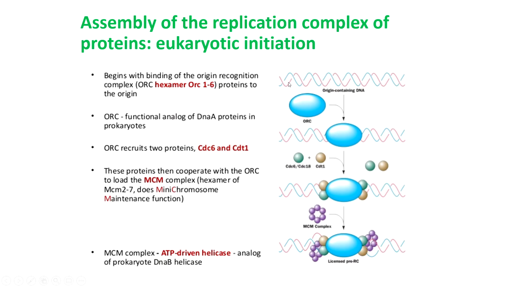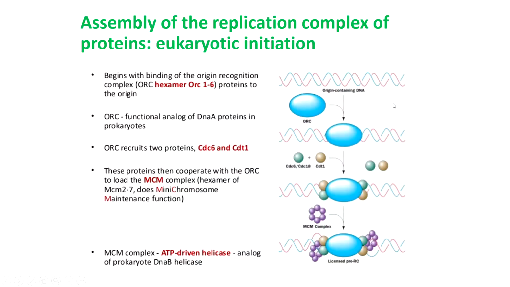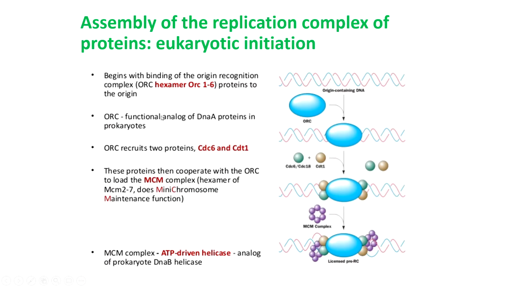Here's our DNA molecule to be replicated. And within there's some type of origin. The origin here, remember, is called an ARS, or an autonomously replicating sequence. The ORC, or the origin recognition complex, is like an initiator protein, or the DnaA proteins in prokaryotes. So these are initiator proteins in prokaryotes. It's the same thing as the ORC in eukaryotes.